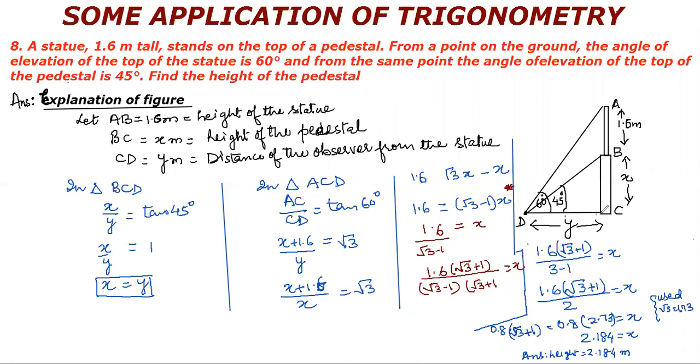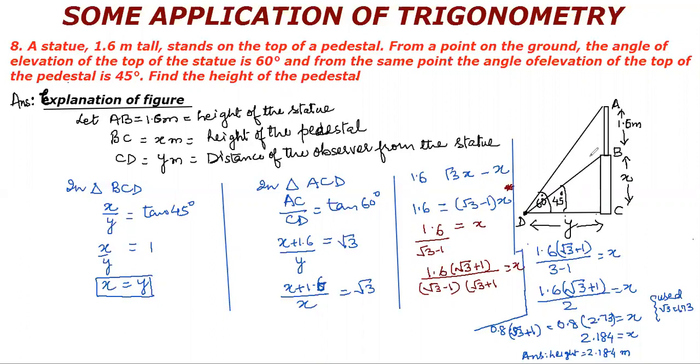And the distance between this pedestal and the point of observation, where the observer is standing and observing these two things, is point D. So D is the point where the observer is standing, and from this ground he observes the top of the pedestal, and the angle formed in his eyes is 45 degree.